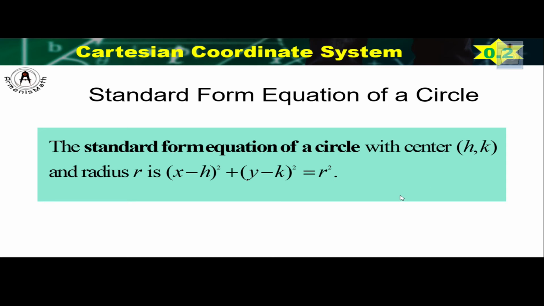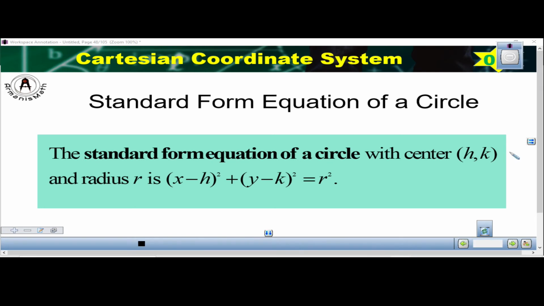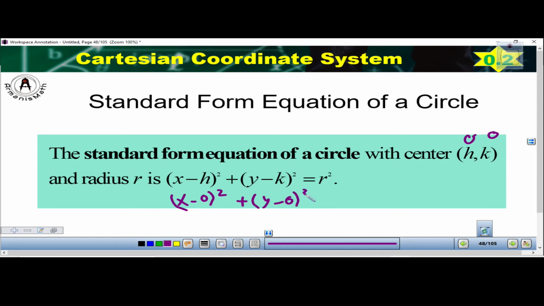Alright, so that is, by the way, also you could, that center could be the origin, the 0, 0, which is totally fine, which means in this case it's going to be 0 for h and k, which is x minus 0 squared plus y minus 0 squared equals, let's say that you have a radius of 2, for example, and this is 2 squared. So that's x squared plus y squared equals 4. That's a circle centered at 0, 0, with the radius of 2.